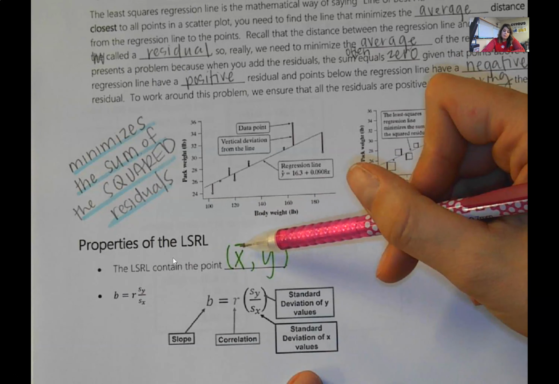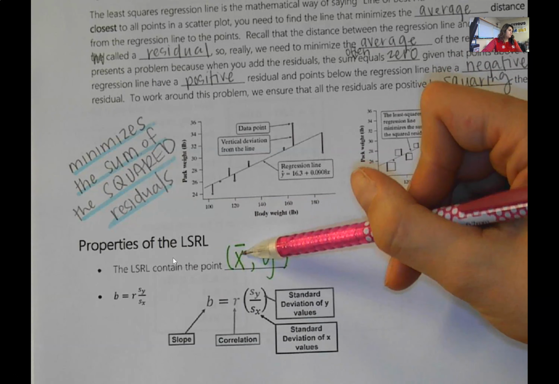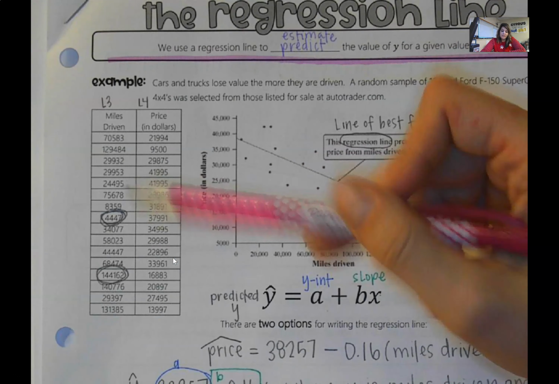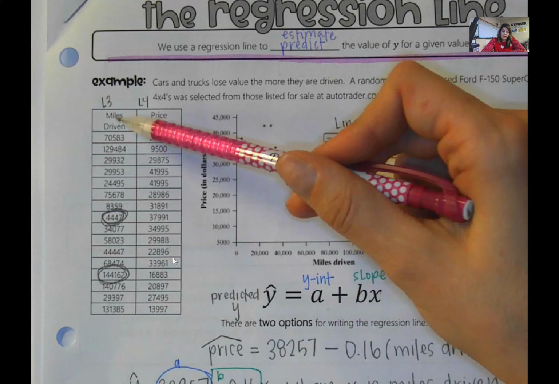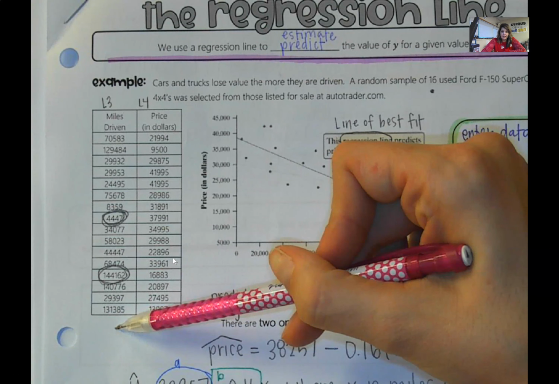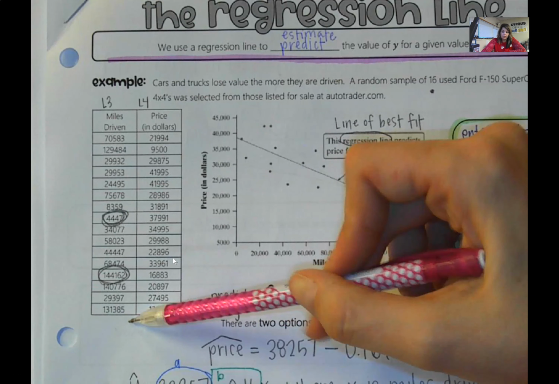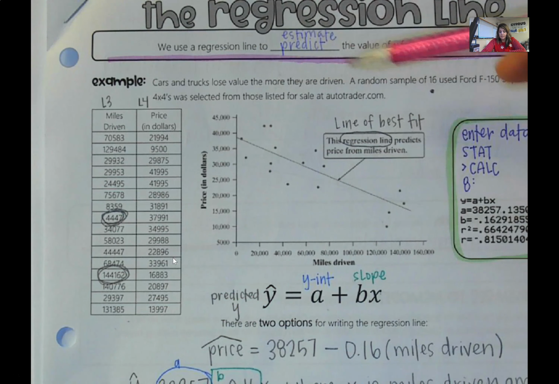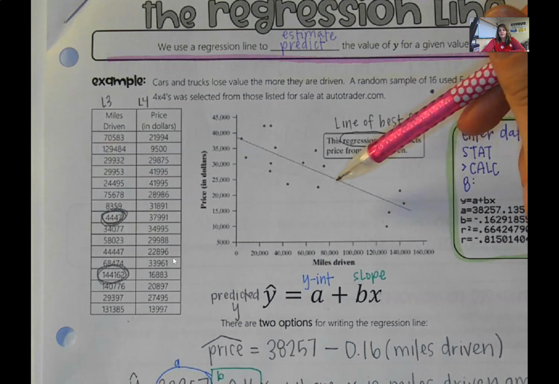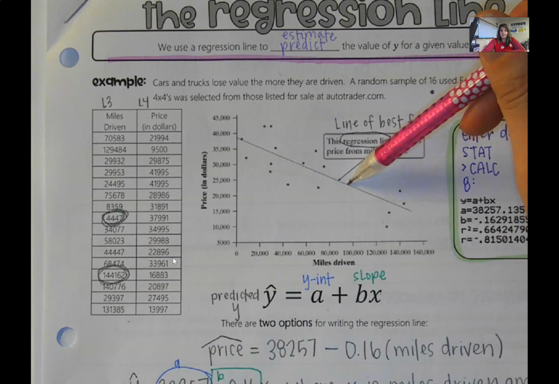Let's think about this in terms of the Ford F-150 trucks. What they're saying is whatever our average price is and whatever our average miles driven is, that point will be on this regression line.